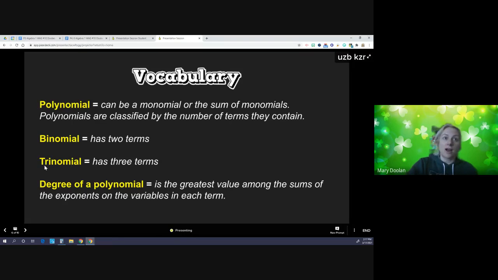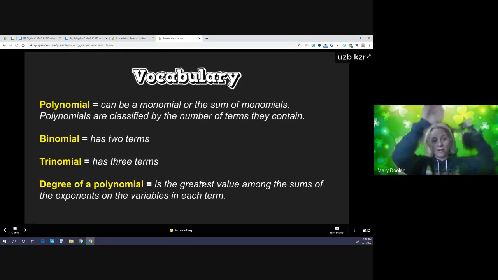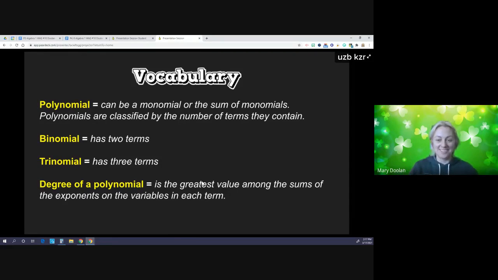Trinomial. Tri means 3. Tricycle. A trinomial has 3 terms. A tricycle has 3 wheels. So there are special names when there's 1 term, 2 terms, or 3 terms. Monomial, binomial, trinomial. And they are all polynomials. All the many terms are polynomials.